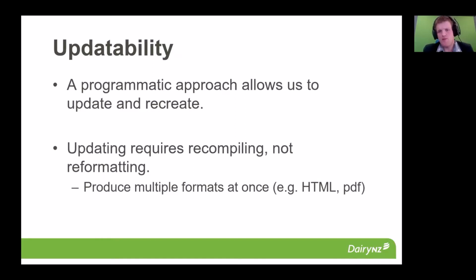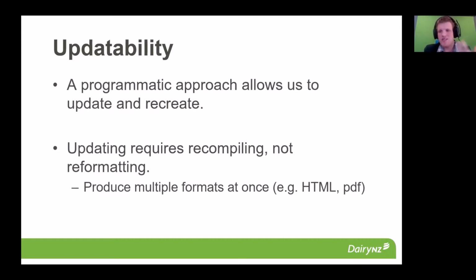And finally, the last reason is updatability. A programmatic approach allows us to make changes to the document without impacting other sections. Say, for example, we had new data and we wanted to put that into some existing tables or graphs. We can go ahead, make the changes to the data in the programming and just press recompile.